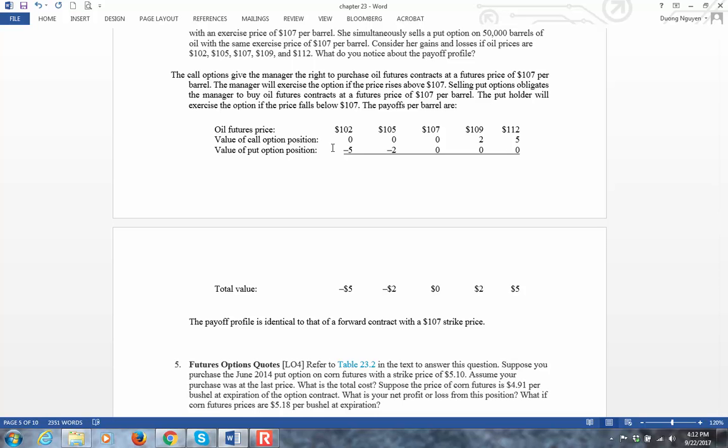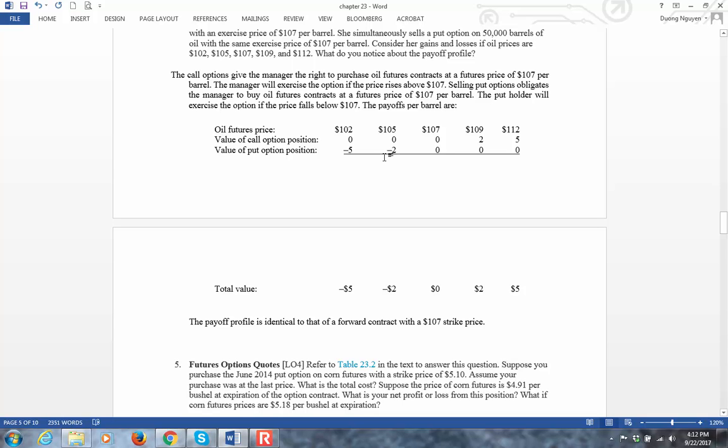However, if the price is 105, which is below the strike, obviously the put will be exercised. So the value of the put will be 107 minus 105, because the holder can sell at 107 and buy at 105.